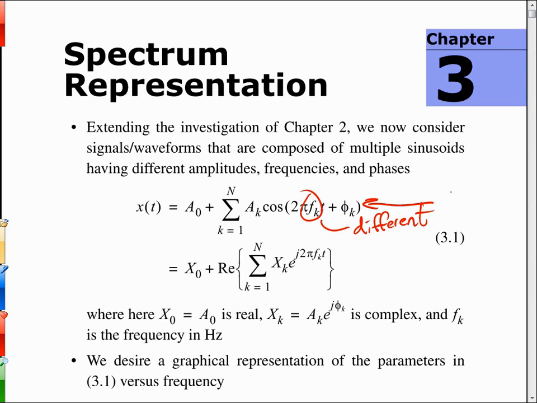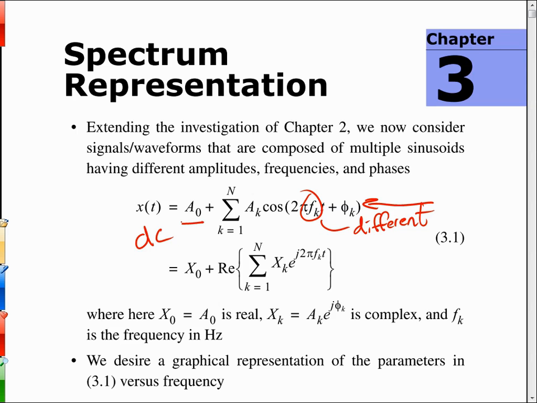But in general, what we're talking about here is having a superposition of a bunch of different sinusoids, all at unique amplitude, frequency, and phase, and then also a DC component, something that raises and lowers or biases the waveform up and down.